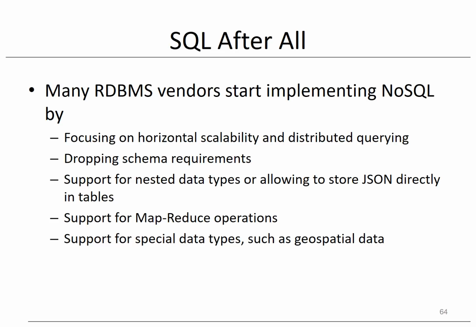These aspects include focusing on horizontal scalability and distributed querying, dropping schema requirements, support for nested data types or allowing to store JSON directly in tables, support for MapReduce operations, and support for special data types such as geospatial data. This comes backed by a strong querying backend and SQL querying capabilities.